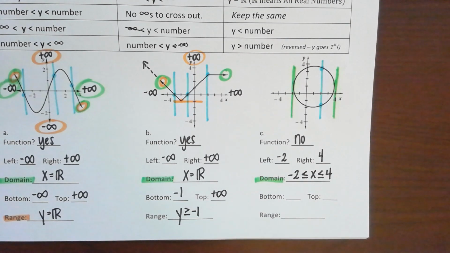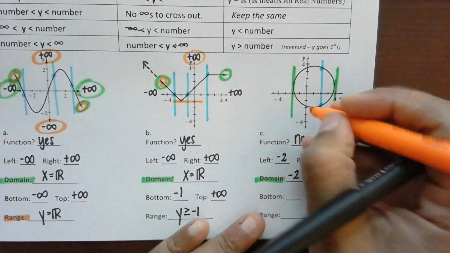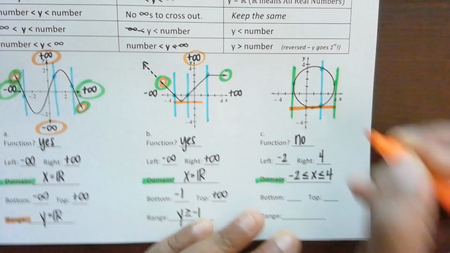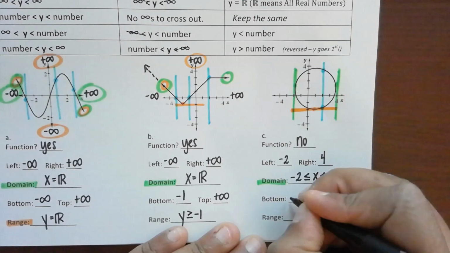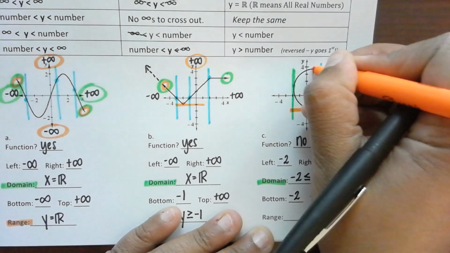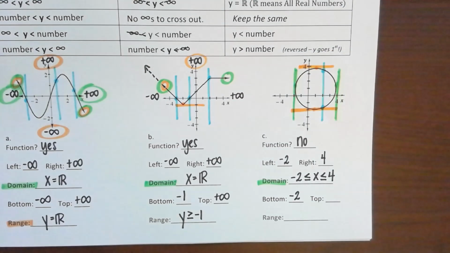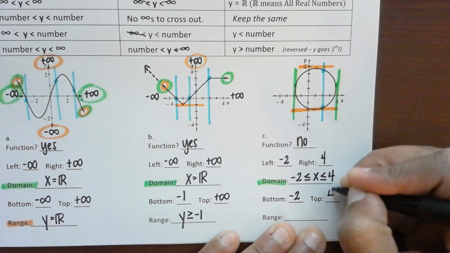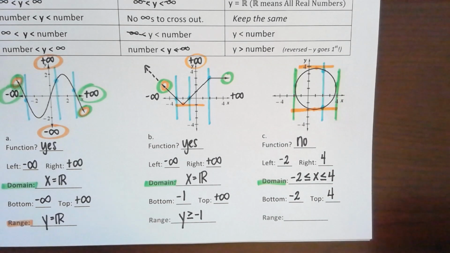So, looking at this, range, bottommost value, -2. Topmost value, +4. So what would be my range?